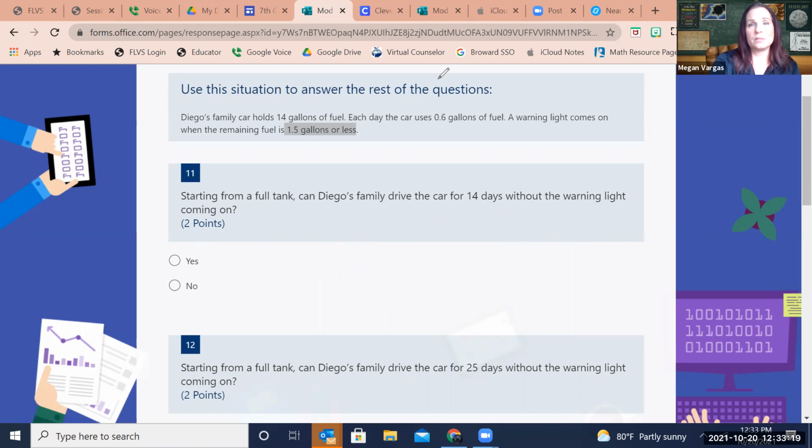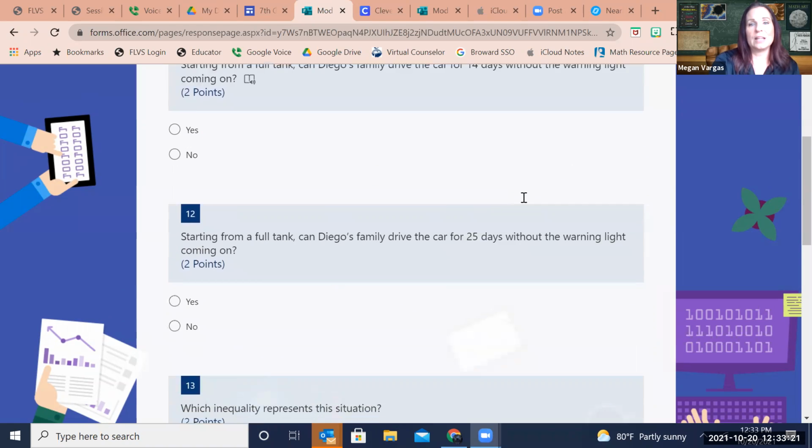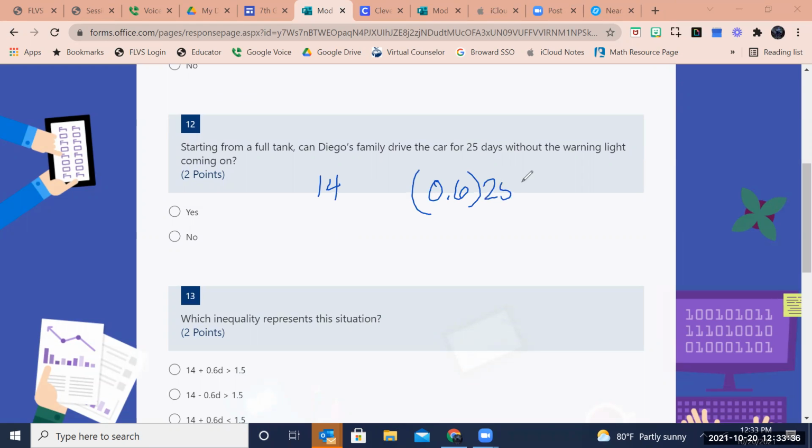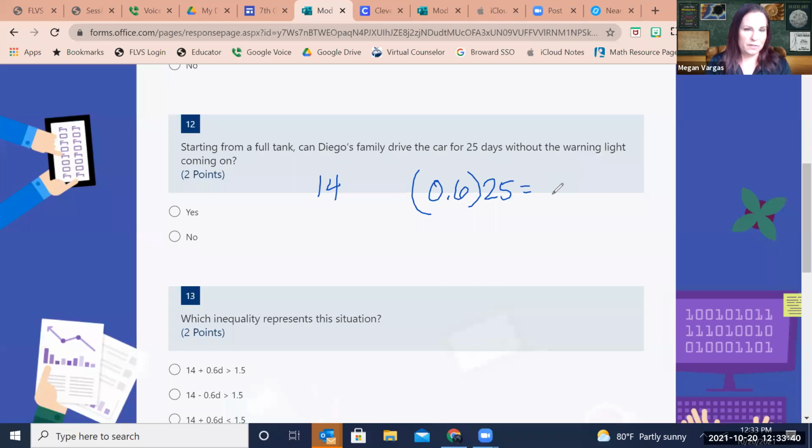For the next one, can they drive for 25 days without the warning light coming on? Same kind of problem, right? So we know that it holds 14 gallons. We know that it's 0.6 per day times 25. So 0.6 times 25.